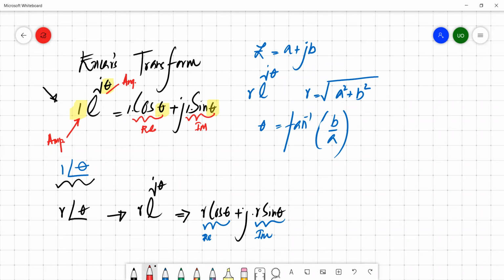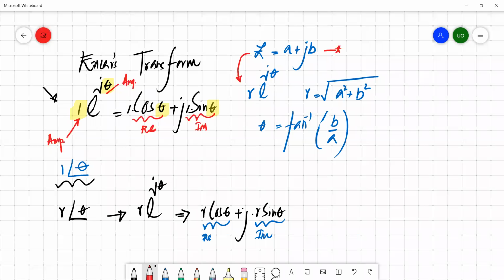Any complex signal in Cartesian or rectangular form a plus jb can be converted into exponential format r e to the power j theta. Then r would be the square root of the squared sum of the real and imaginary components, and theta would be tan inverse of the imaginary component divided by the real component.